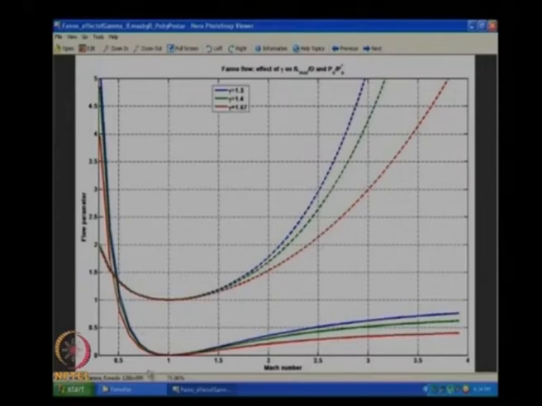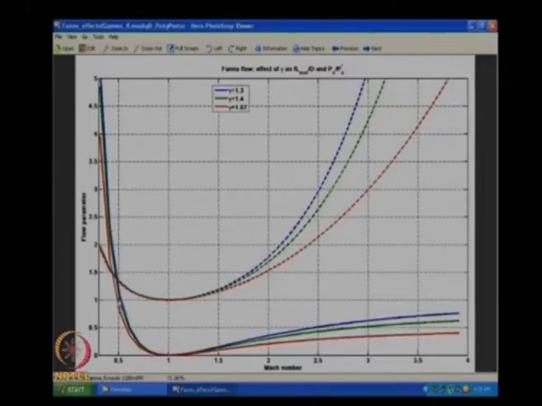So if I pick my fL star by D, this particular curve, we are finding that there is very little change if I think about L star variations for the same f and D. But there is some change.